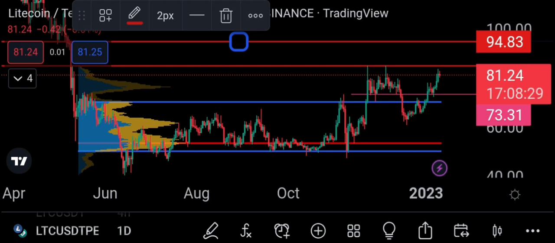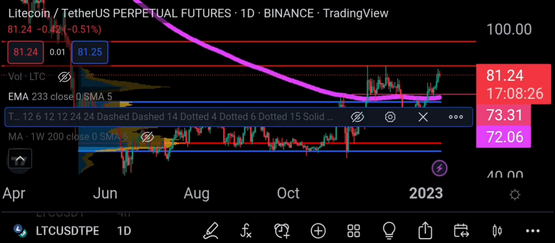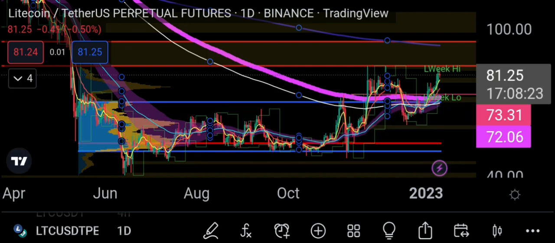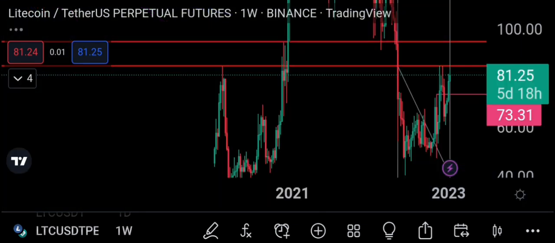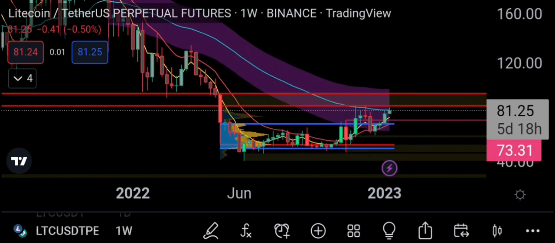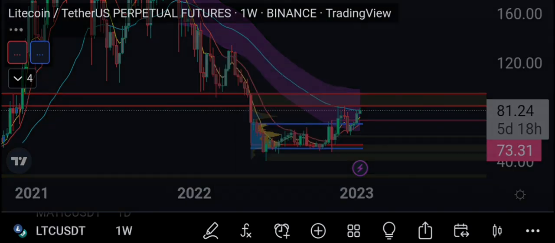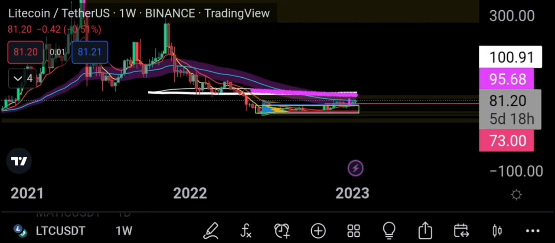And essentially, if we go with my EMAs over here, the 233 and the 200 MA on the weekly chart. Now we look at this. We have the 200 simple moving average. I have to go back to the spot chart for it to show maybe.